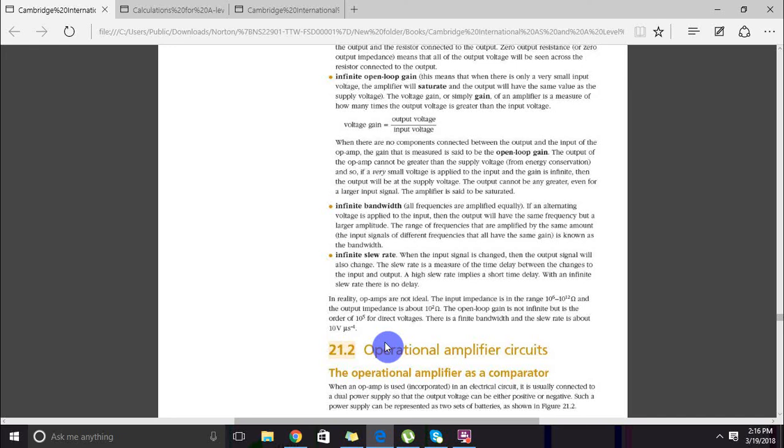So that's cool. But what next? Is there anything else? A high slew rate implies a short time delay. So you can write that slew rate is inversely proportional to the time delay in your notes. And with an infinite slew rate, there is no delay.